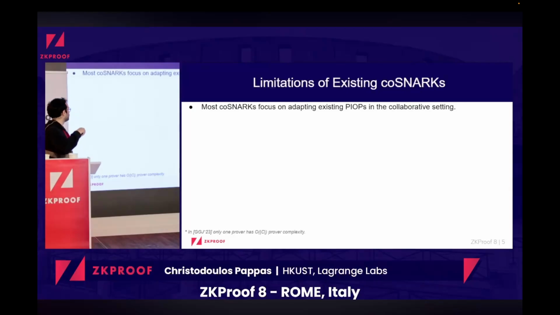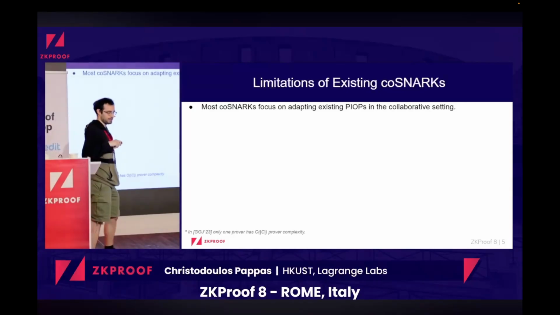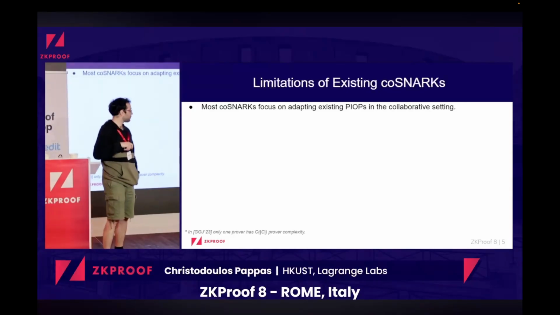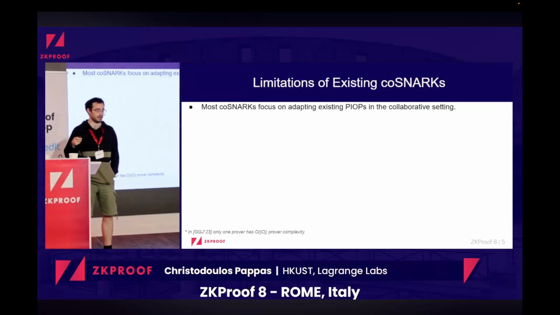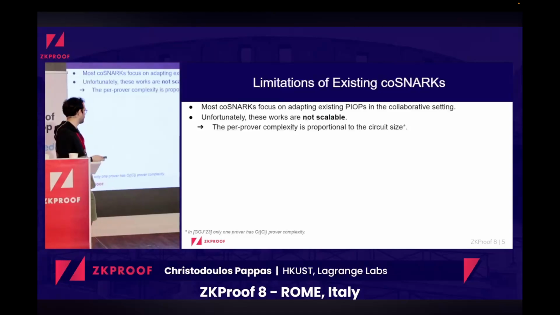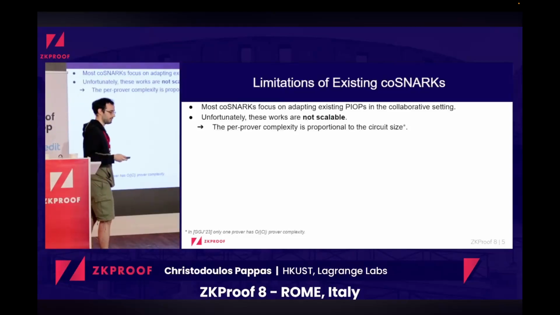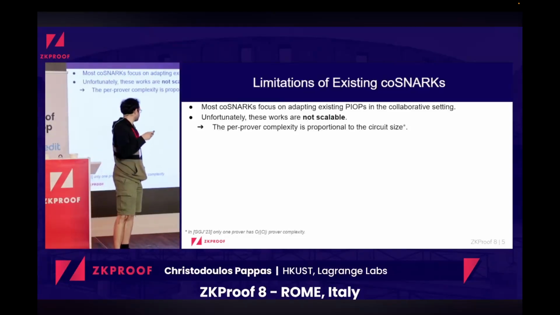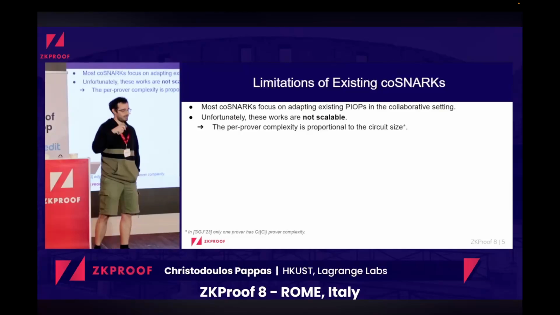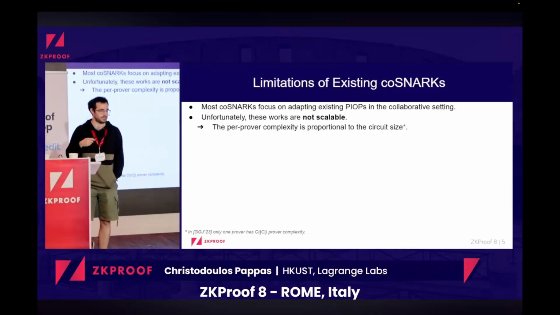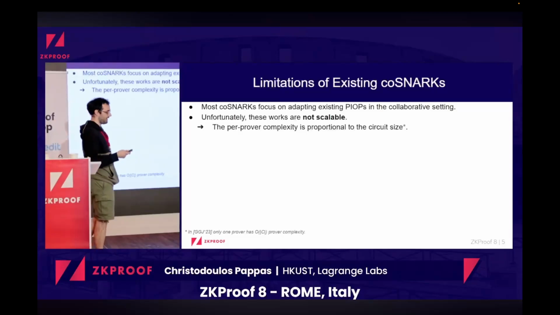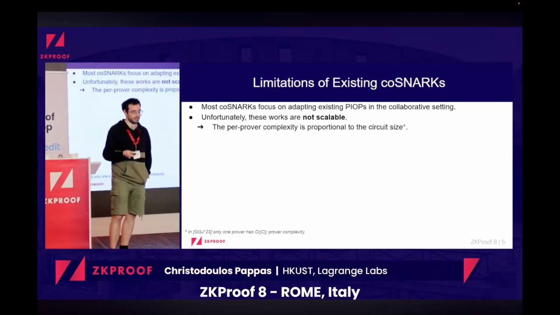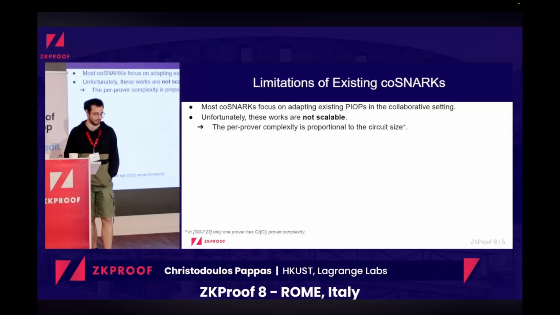Okay, so most of existing co-SNARKs focus on adapting existing ZK SNARKs in the collaborative setting. Unfortunately, the vast majority of these works are not scalable. In other words, the per-prover time complexity is proportional to the circuit size, which means that we get no efficiency benefit of running a co-SNARK, but only the strong security guarantee.